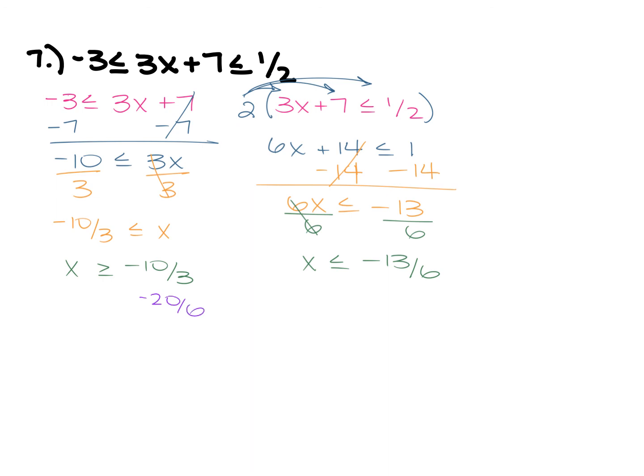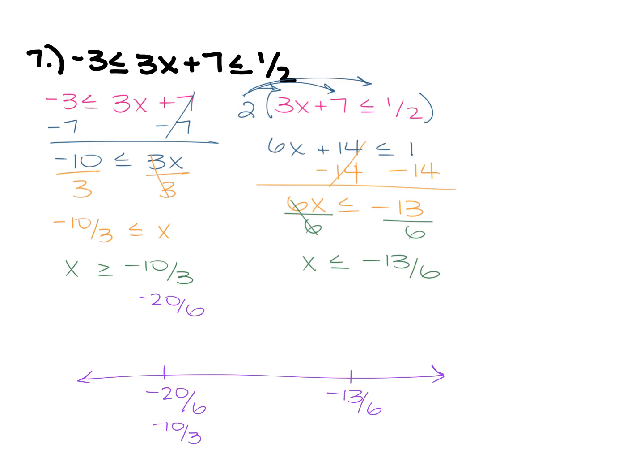So if you look at these two fractions on your number line, the lesser one goes on the left, which is the negative 20 over 6. The greater one is on the right, so the negative 13 over 6. If you want to give the two with the like denominators, you can, or you can give the negative 10/3. It doesn't matter. It's the same thing.